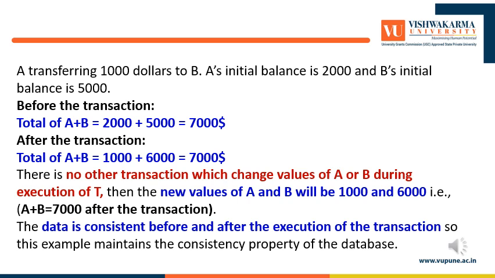After the transaction, the total of A plus B equals 1,000 plus 6,000 equals $7,000. If there is no other transaction which changes the values of A or B during execution of T, then the new values of A and B will be 1,000 and 6,000. That is, A plus B equals 7,000 after the transaction. The data is consistent before and after the execution of the transaction. So this example maintains the consistency property of the database.